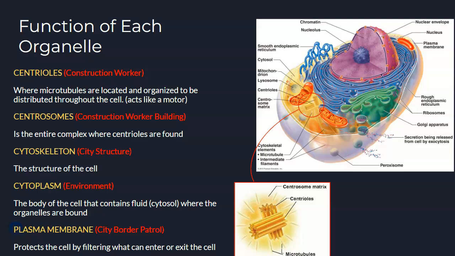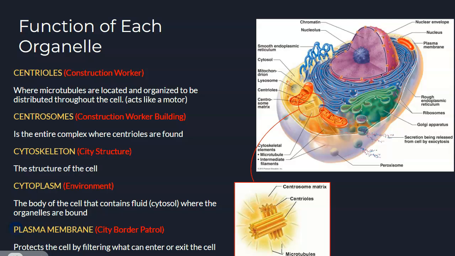So those centrioles I discussed here in this bottom box, we have the centrioles, and the centrosome is just the overall aspect, and the centrioles, which are also made of microtubules or where they're located, help to extend those microtubules out, and it's almost kind of like fingers being extended out all throughout the cell to create and help organize those pathways.